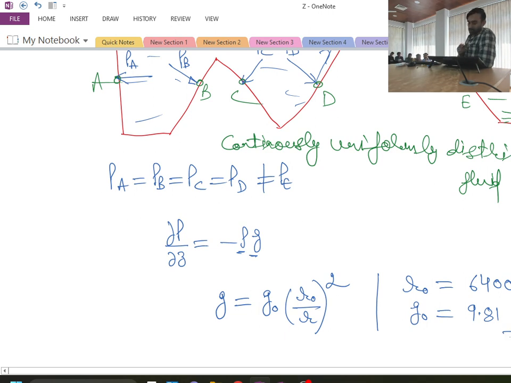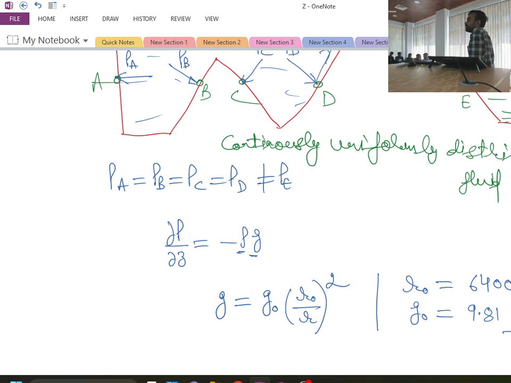So now if you vary R, we have G equal to G naught into R naught by R square.